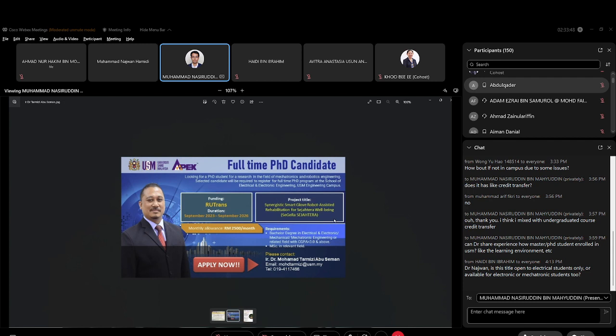Because this particular project involves how we can reduce the reliance of workers on the government's pension scheme.